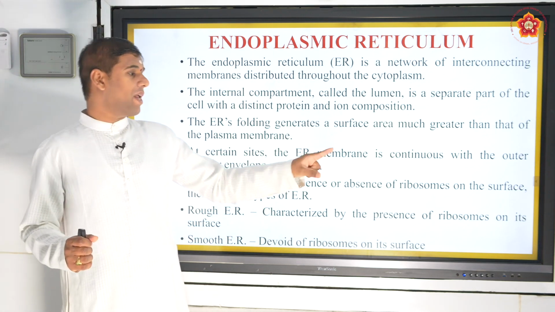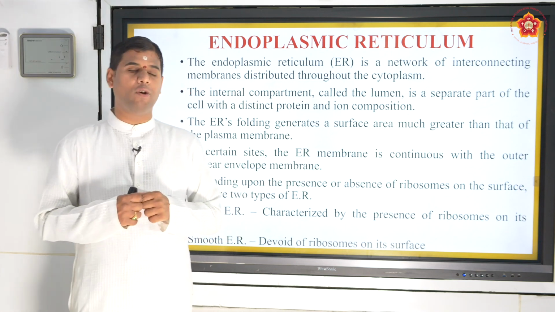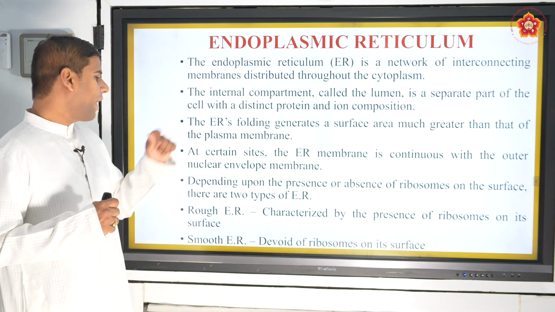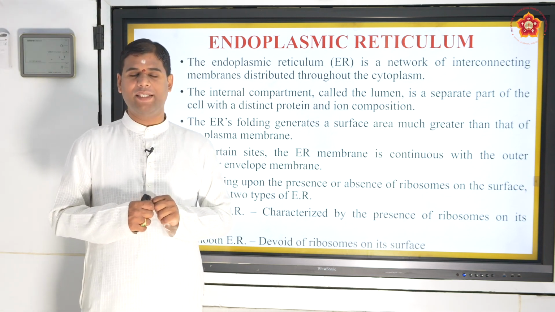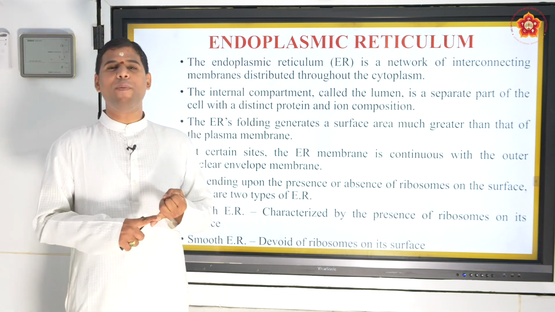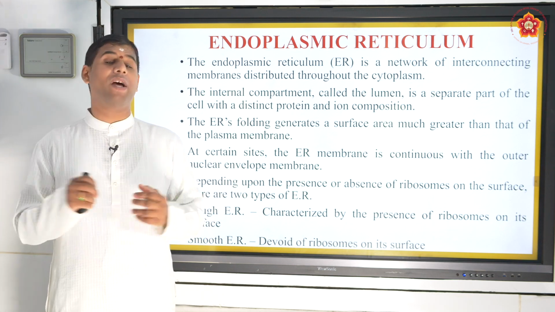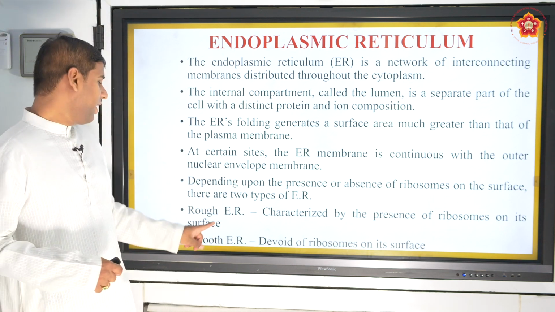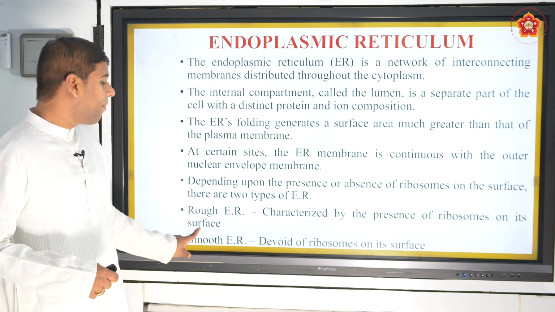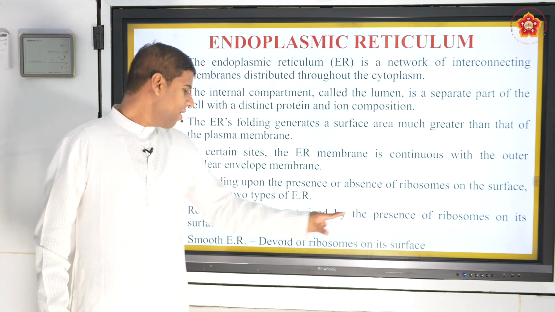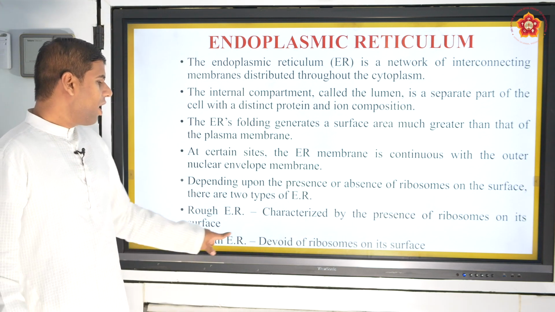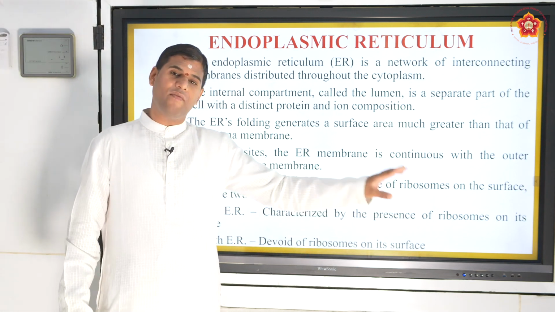Depending on the presence and absence of the ribosomes, we have two types. Can you guess the two types? Yes, you're right. It's the rough endoplasmic reticulum and the smooth endoplasmic reticulum. The rough endoplasmic reticulum is characterized by the presence of ribosomes on the surface.